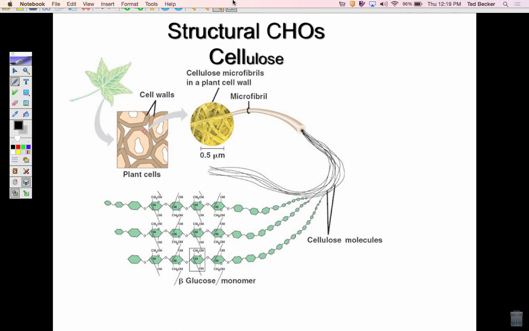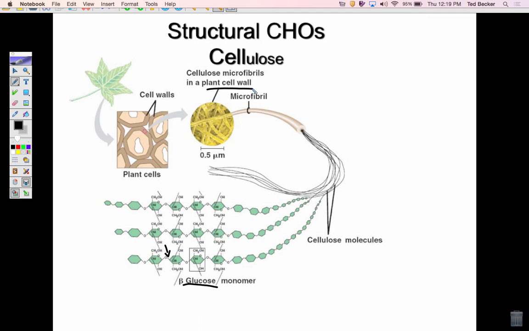First polysaccharide we'll talk about is a structural carbohydrate called cellulose. As you can see from the diagram, cellulose is just a bunch of glucose monomers bonded together. But because of the way those glycosidic linkages happen between the glucose, we can't break those down.